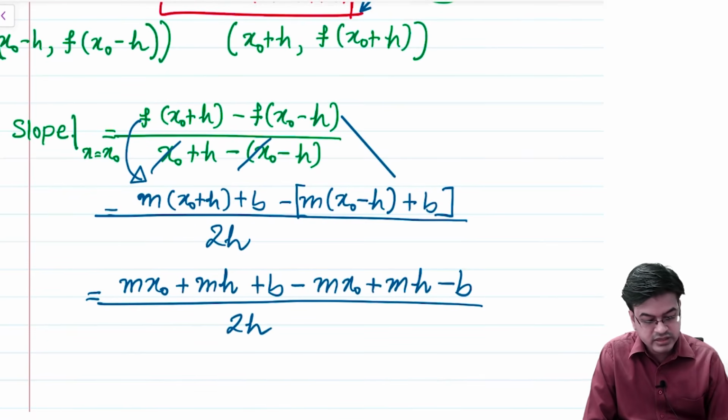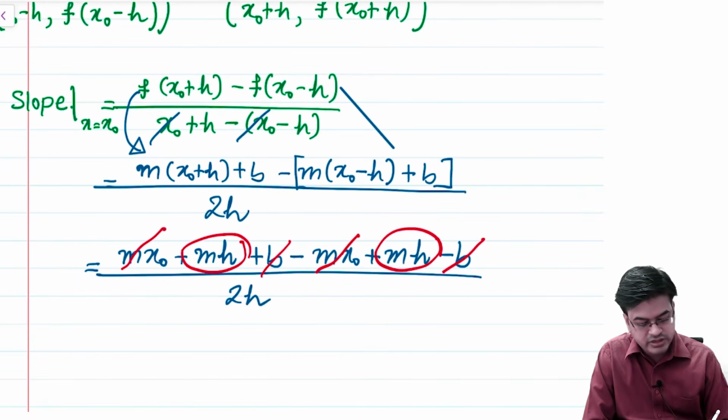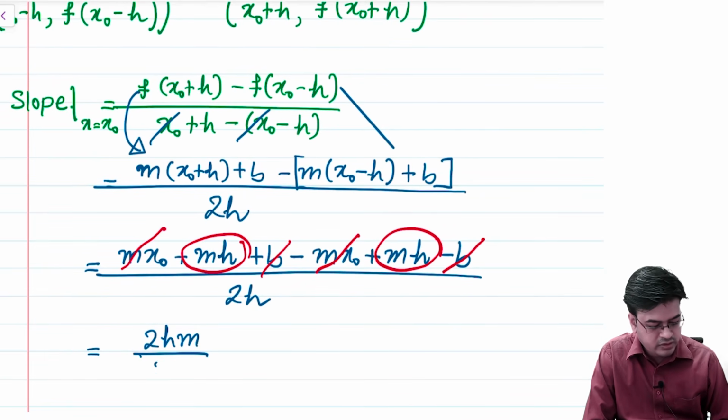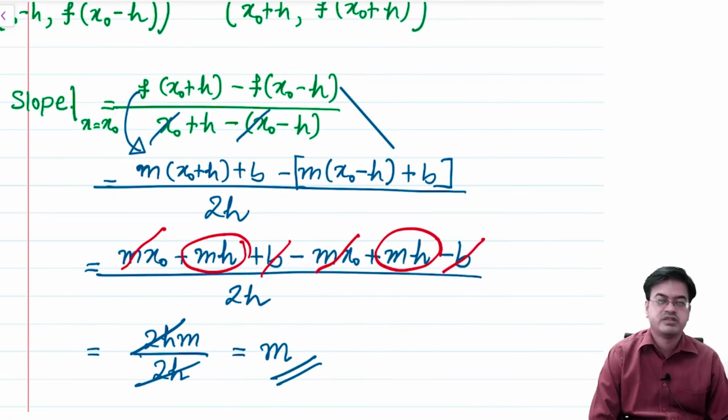Now as you can readily see, this m times x naught cancels with this m times x naught, b cancels with b, and I am left with mh and mh. So together they will contribute to 2 times mh. So that will give me 2h times m upon 2h, and then 2h, because h is greater than 0, will cancel itself off, and I will get the answer to be m, which is expected because I am dealing with a straight line.